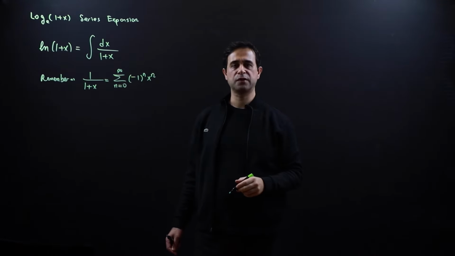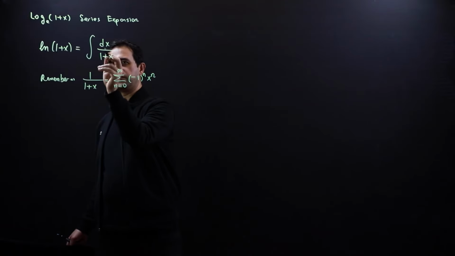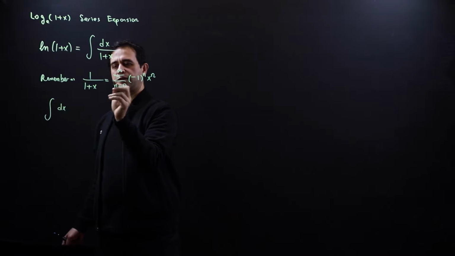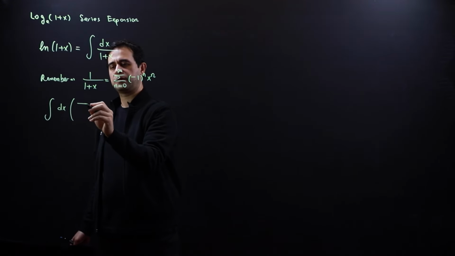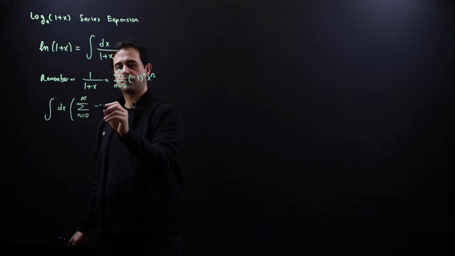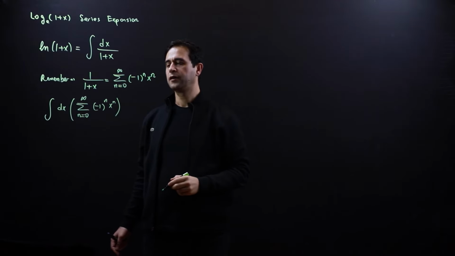That was the binomial expansion, which I showed in the previous video. So this integral is dx times the series, right? Instead of 1 over 1 plus x, I'm writing it in terms of the binomial expansion.